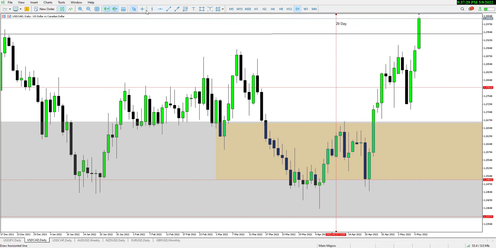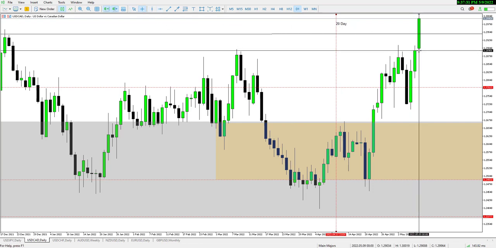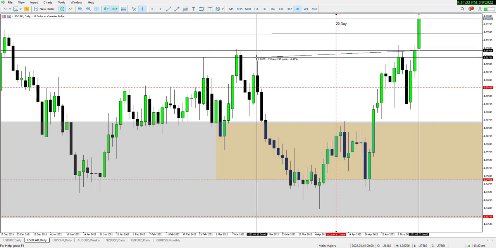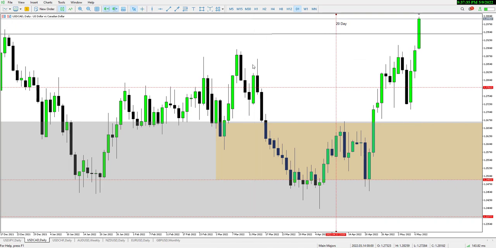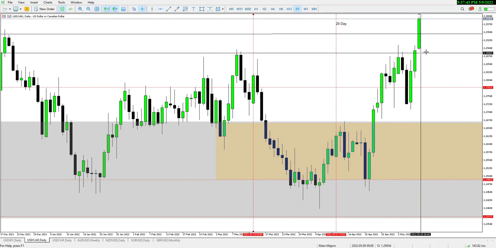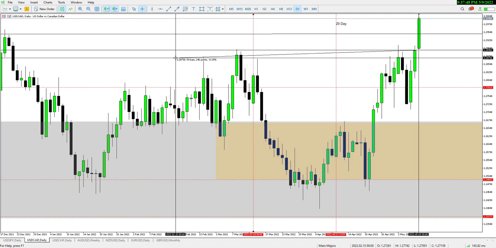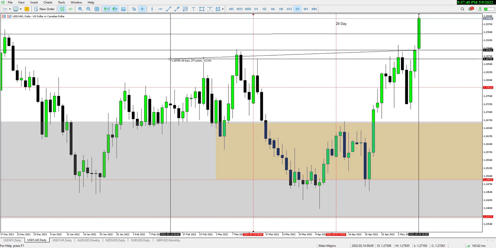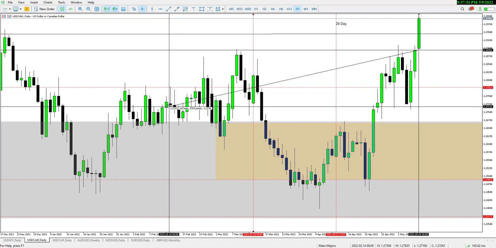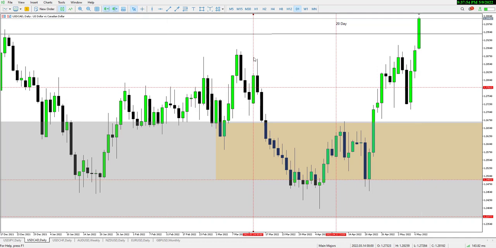Now I'm going to need 40-day. 40 days coming in right here, inside this also green candle here. And then 60-day look back, 60-day is coming in right inside this bearish candle.